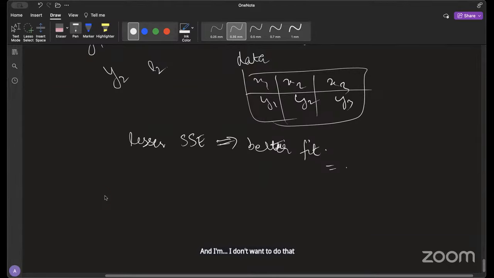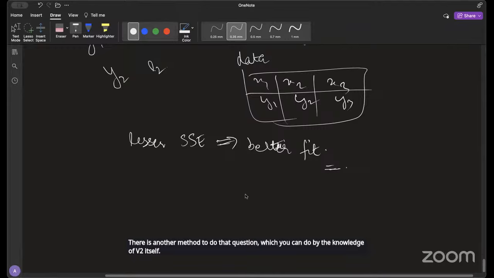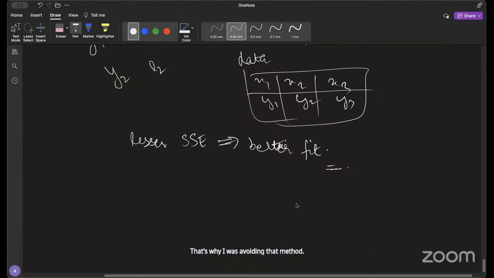It's in other weeks, the next session, whenever week 3 starts. There is another method to do that question, which you can do with the knowledge of week 2 itself. That's why I was avoiding that method. If you tell me the question, I can tell you the method you can use.